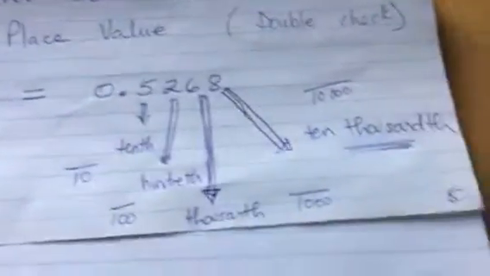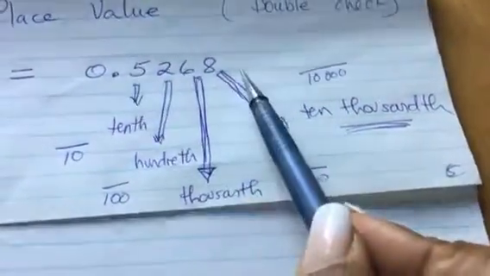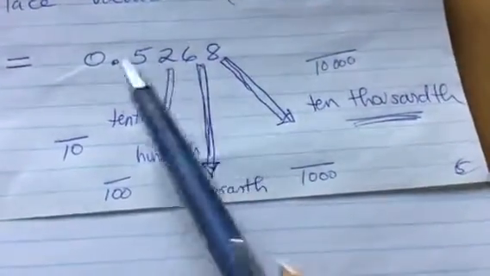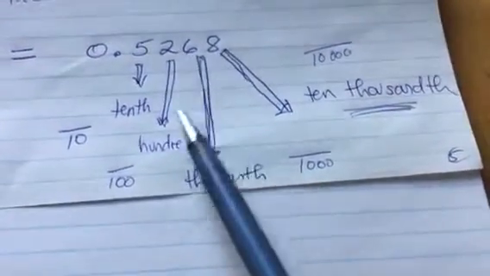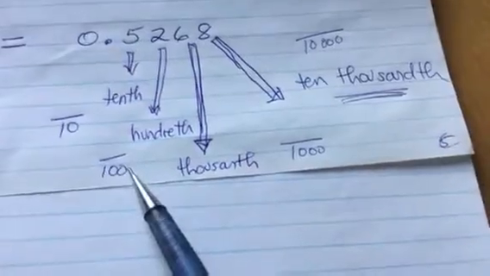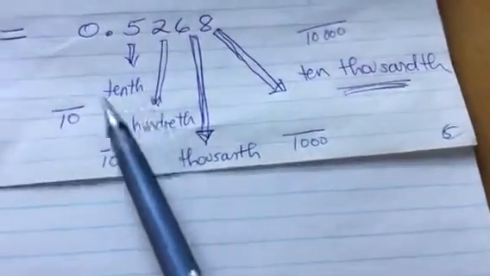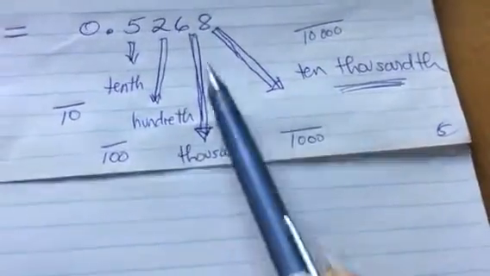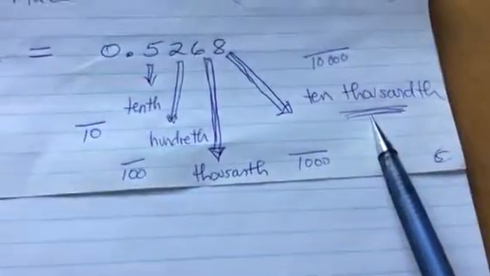Now that we've done that, we need to stop and ask ourselves, what do these places mean? So this 5 is in the 10th place. The 2 is in the 100th place. And being in the 10th place means that this would be 10th, 100th, 1000th, 10,000th place.